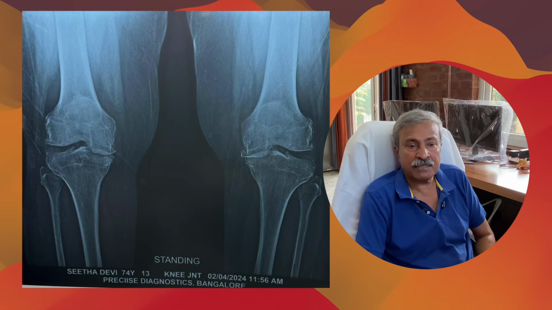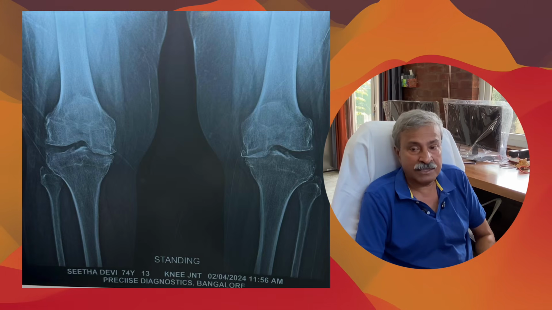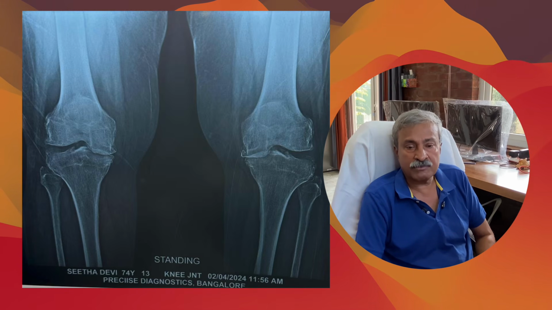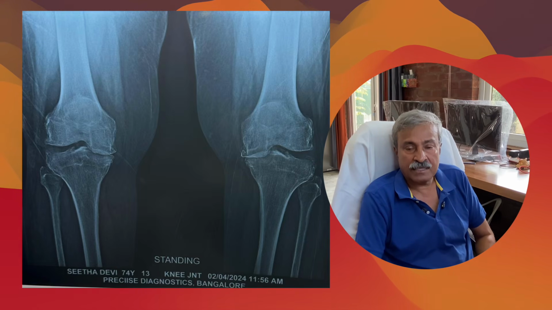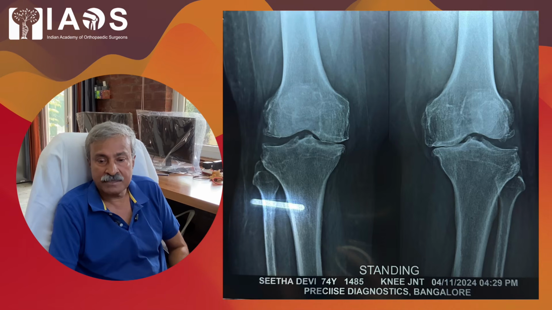This is a lady of 74 years of age with a knee joint with a very bad medial compartment osteoarthritis, varus knee, who did not want knee replacement at any cost. You can see that in 2024 the knee X-ray was taken, and after hydrozone and EBOO, within 6 months you can see her knee joint space has started reappearing. Same patient, and you can see the dates.